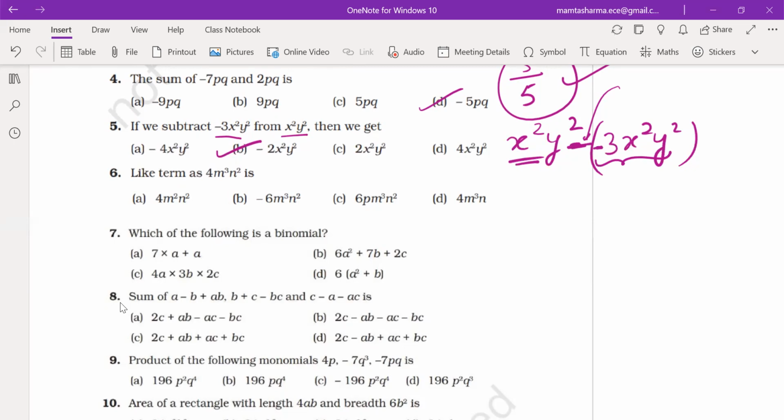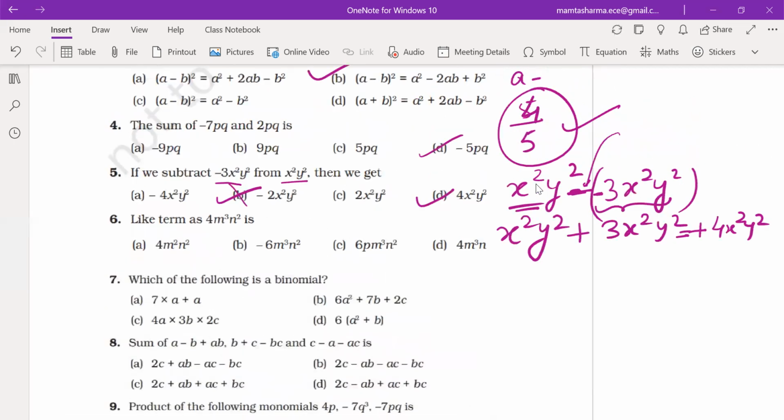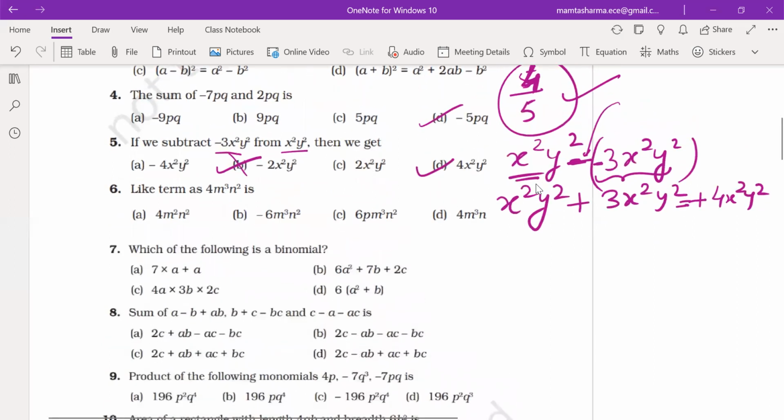So when you open this bracket, minus will become plus. So now they will get added, and the sign will be positive only. 4x square y square, ma'am. Yes, the answer. Ananya, Shubhra pointed to the right thing. You got 5.